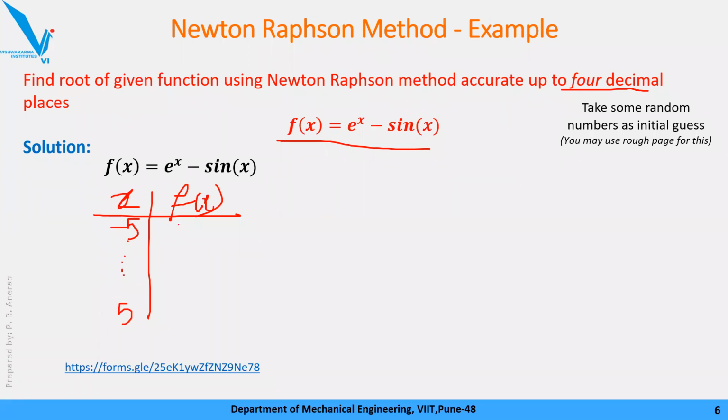For each value calculate f of x. Now listen carefully, whichever value of f of x is close to 0, take the corresponding x value as your initial guess.